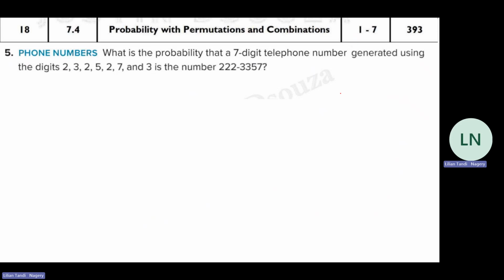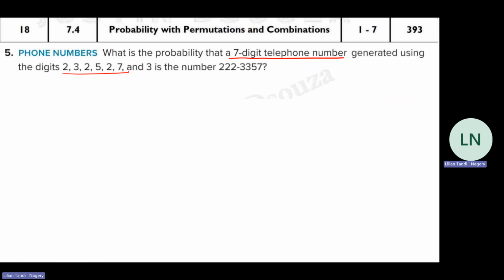Okay? Now, what is the probability that a 7-digit telephone number generated using the digits 2, 2, 2, 3, 3, 5, 7 is this number? Give me 1 second.